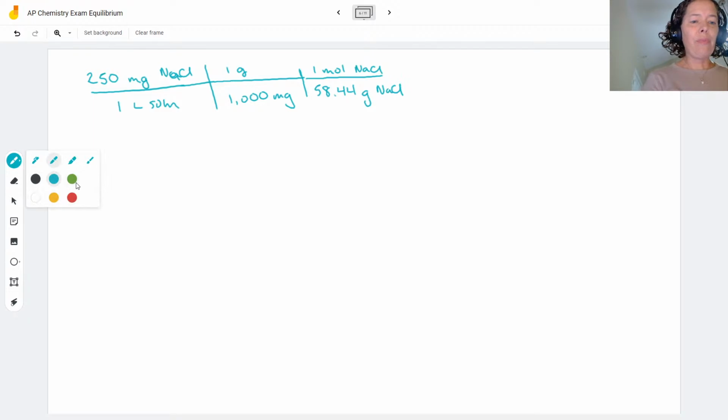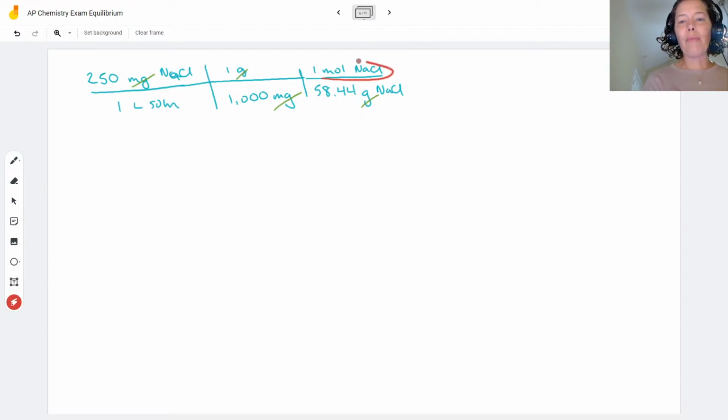All right, so what I've done is my milligrams cancel, my grams cancel, and now I've got moles of sodium chloride over liters of solution, so that is molarity. The nice thing is we didn't have to do anything with that liters of solution. It just got to hang out. So if we do this calculation, we're going to get this concentration of NaCl.